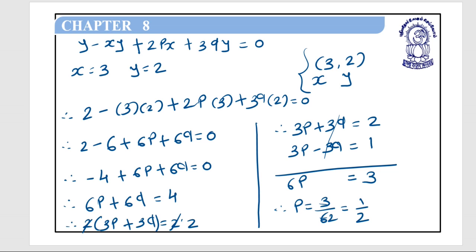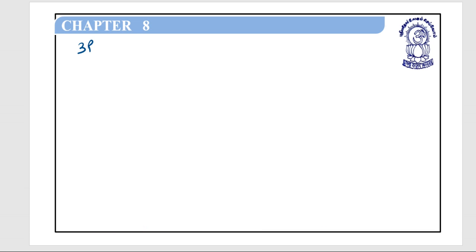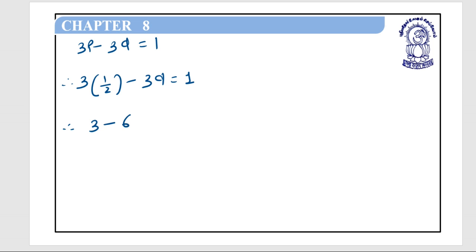So now find out the q. 3p minus 3q is equal to 1. Value of p is 1 by 2, so 3 by 2 minus 3q is equal to 1. So 3 minus 2 3s are 6q is equal to 2. So 3 minus 2 is equal to 6q. 1 is equal to 6q.